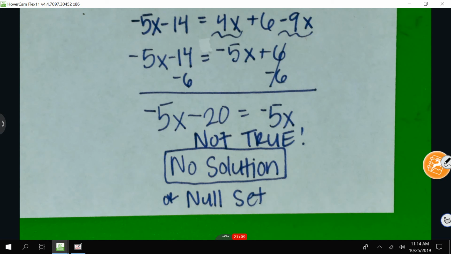No. Absolutely not. So when you're doing your homework, don't think that every answer is no solution or every answer is identity. Okay? You can either find x is all numbers, identity, or no solution. Okay? So don't just automatically assume that everything has no answer.